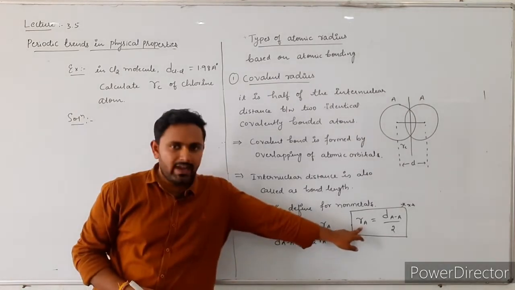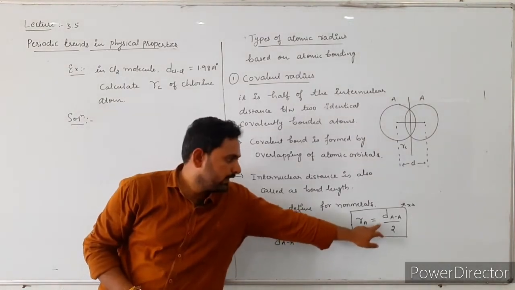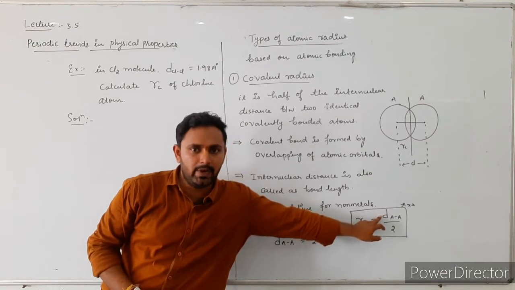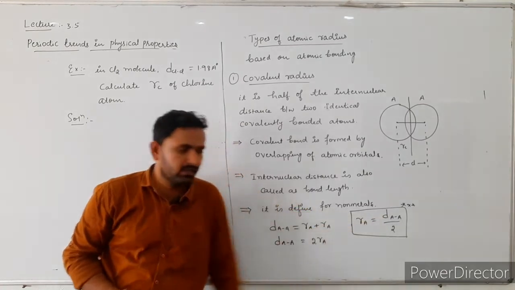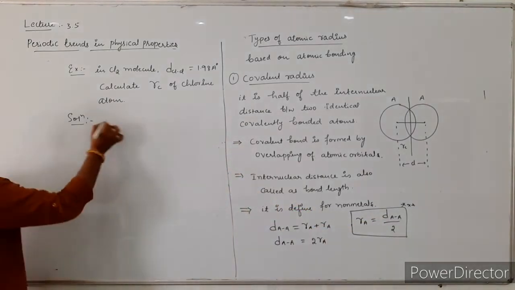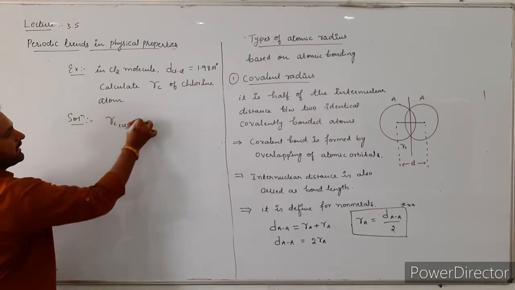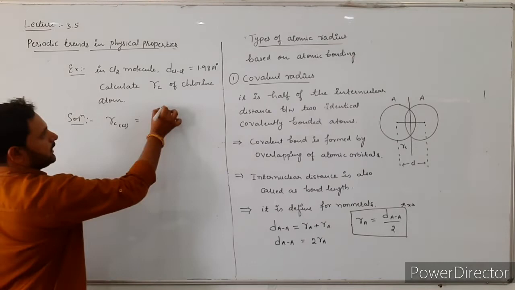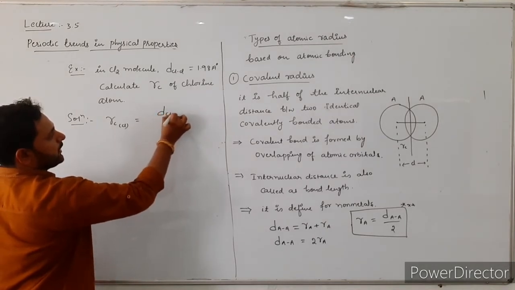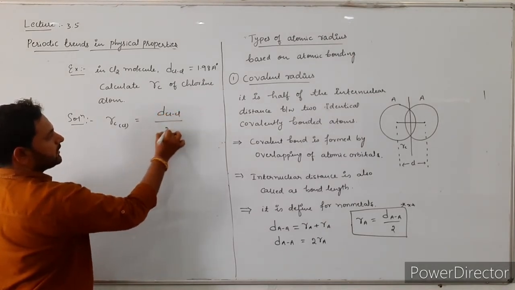The radius of an atom is equal to the internuclear distance between two identical atoms divided by 2. Covalent radius of chlorine atom is equal to the internuclear distance between two chlorine atoms divided by 2.